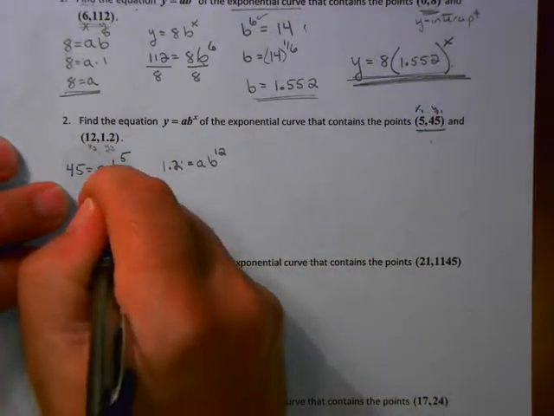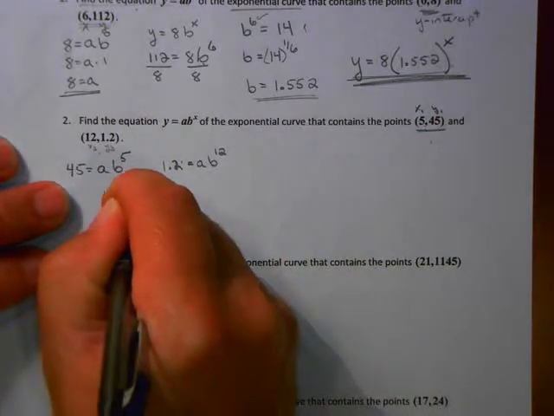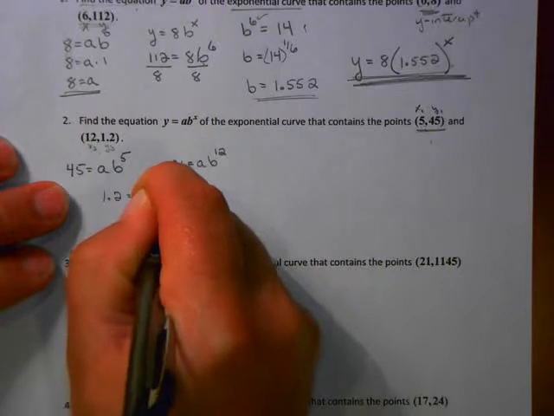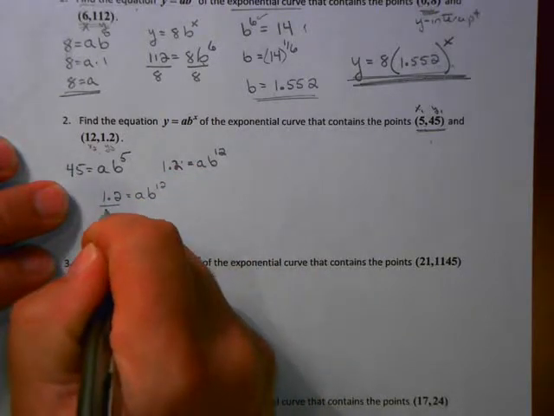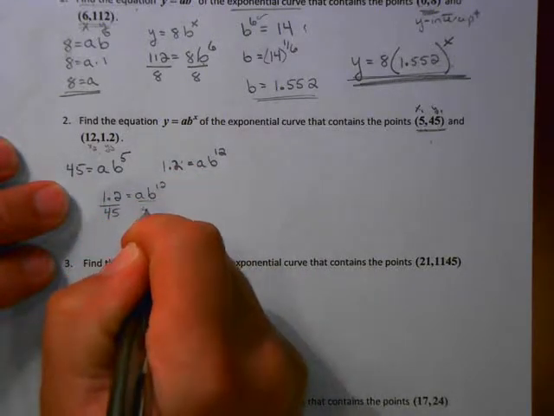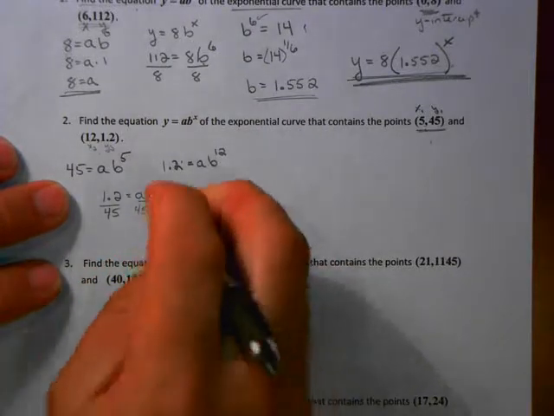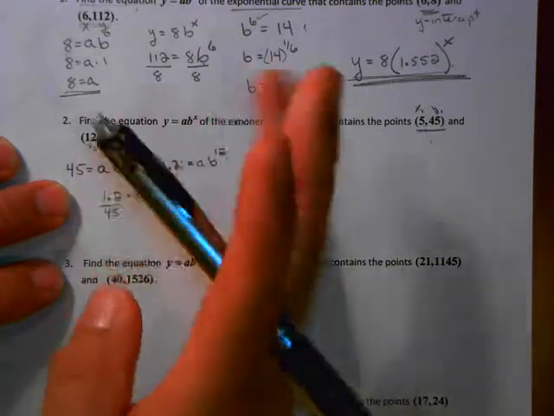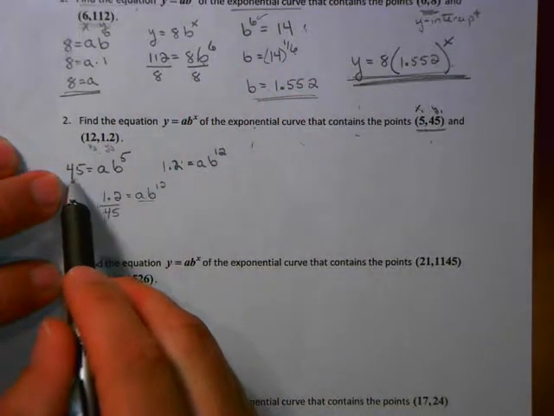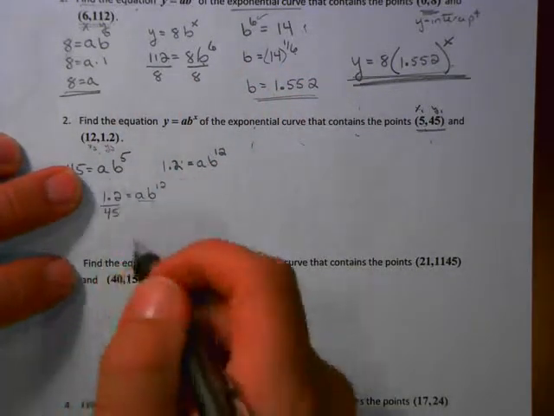So I'm going to take that 1.2 equals a b to the 12th, and I'm going to divide by 45. And again, I did this one a little lighter because I don't want a 45 there. I want what's equivalent to 45. What's equivalent to 45 is a b to the 5th.